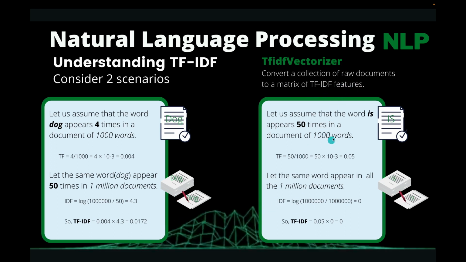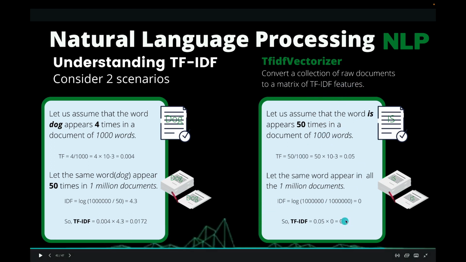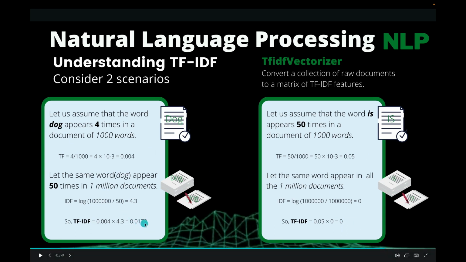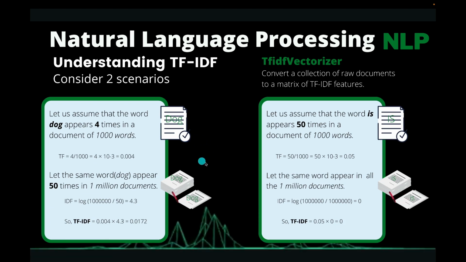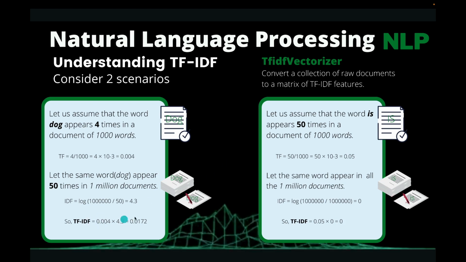So, for instance, "is" is going to be represented with 0, "dog" is going to be represented with this value 0.0172. In the same way, all the other words or tokens are going to have their respective TF-IDF.